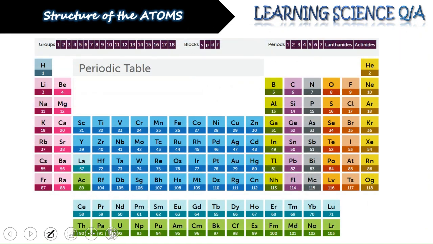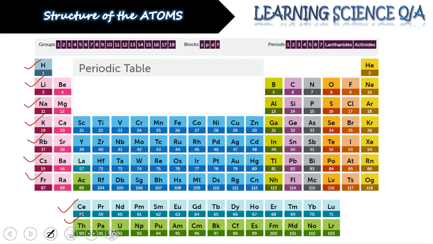Now let's understand this with the help of a periodic table. This is our periodic table. As we discussed, we have 7 periods: first, second, third, fourth, fifth, sixth, seventh. Then we have lanthanides and actinides.